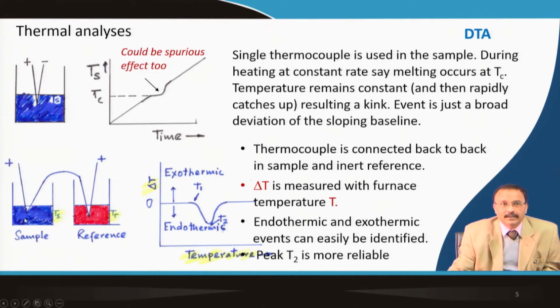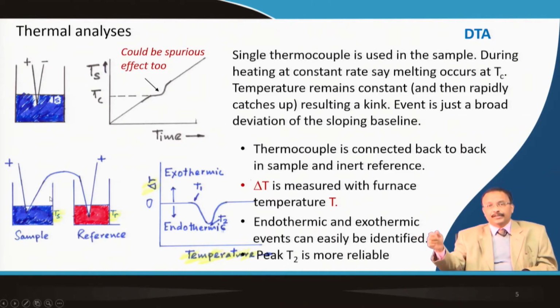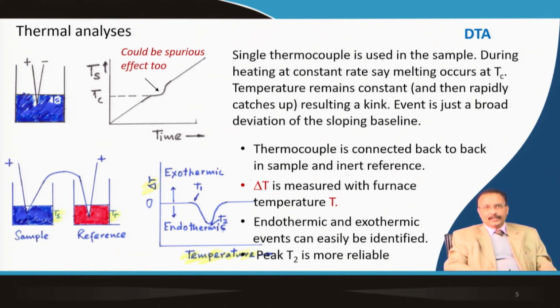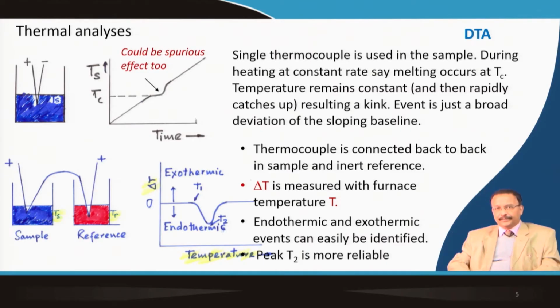Then you connect the thermocouples back to back, and you measure the temperature difference as a function of temperature by putting another thermocouple inside the DTA equipment. So, del T is measured along with the furnace temperature.